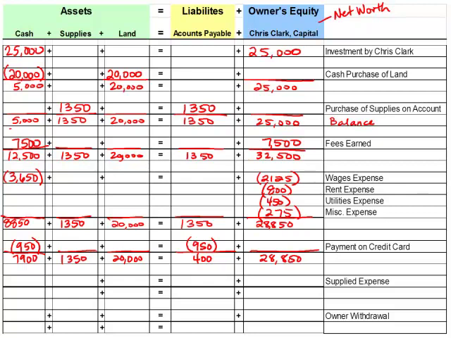So if he were to walk from the business today, after he paid that credit card payment, he said, look, I can't do this anymore. I want to go out of business. He's going to walk away with $28,850.